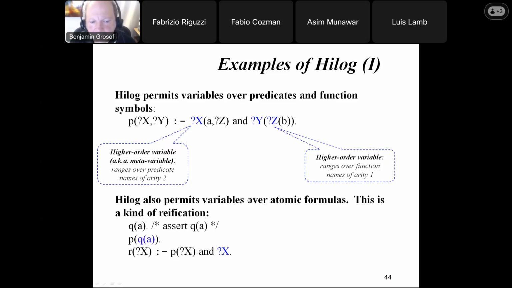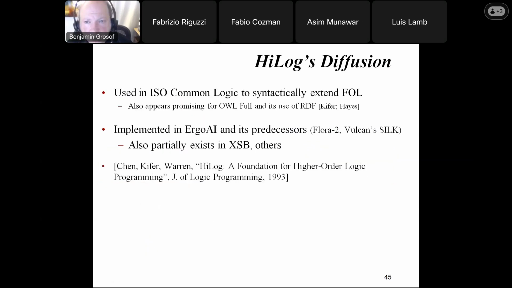HiLog also permits variables over atomic formulas. This is a kind of reification, and the higher order variable that ranges over function names and over variables more generally could be terms as well.